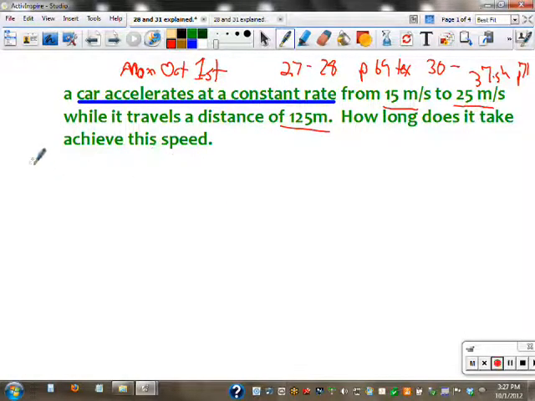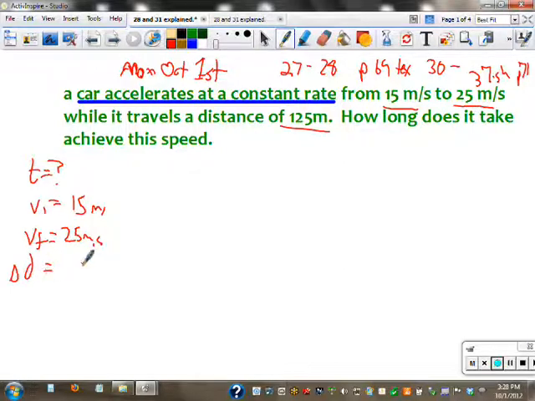So we want to find time. Time's what you're looking for. We know velocity initial is what it starts at, from 15 to 25, that's our final. In a distance, a change in distance of 125 meters.